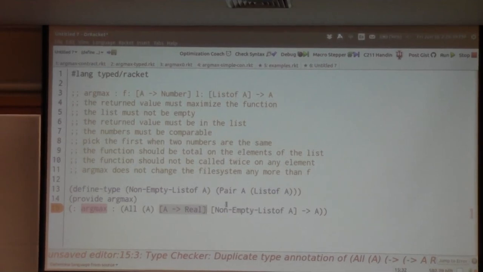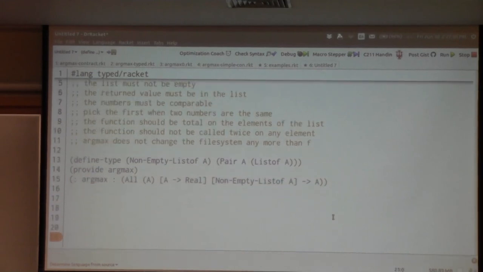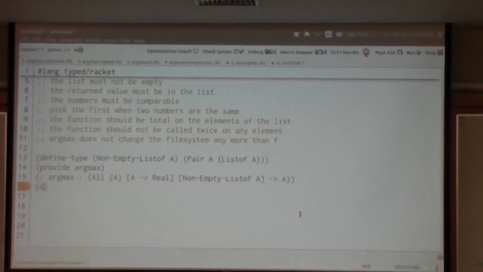And we've specified that the input has to be non-empty, because we've defined this type non-empty list of, which is a pair of an A and a list of A. So there's bound to be at least one A there. So now we have to write Argmax. And Argmax is pretty easy to write.